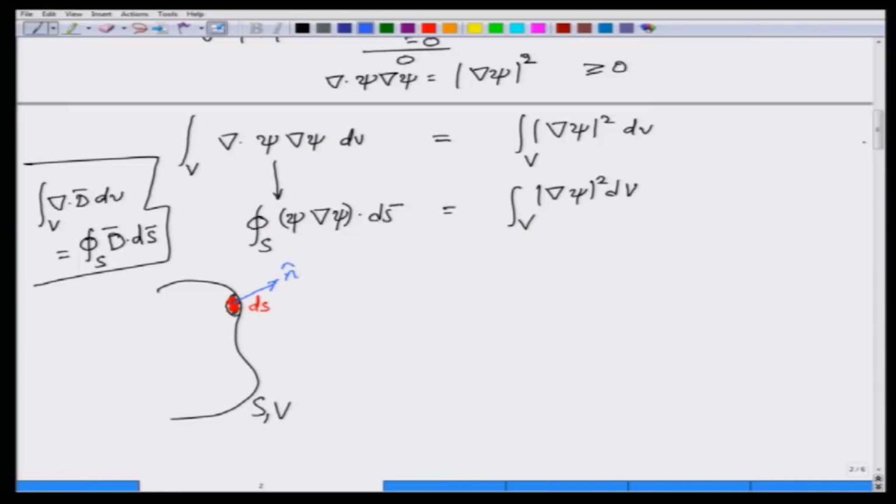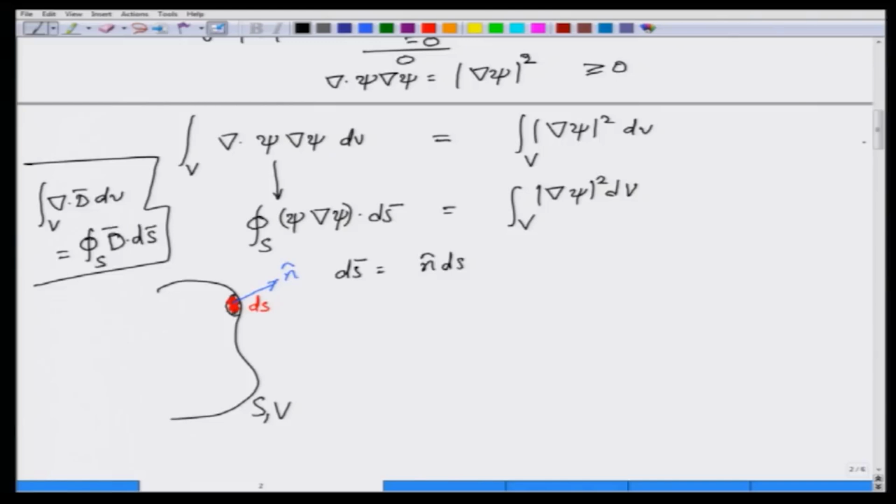The vector surface element ds bar is given by n hat ds; that is, it has a magnitude of ds, the differential surface area at that particular point, but the vector element points normal to the surface, and that is given by this n hat direction.